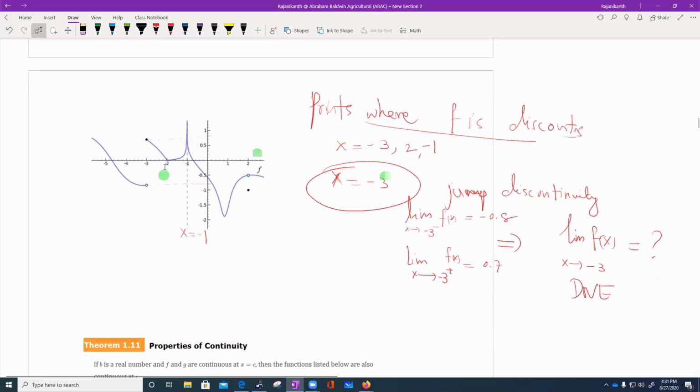What about at 2? What kind of discontinuity do I have at 2? Removable. Exactly. Why is it removable? Because there's a limit value for the function at 2. The function is defined at 2, which is -1. You see here, right? Therefore, x = 2 is a discontinuity but removable.